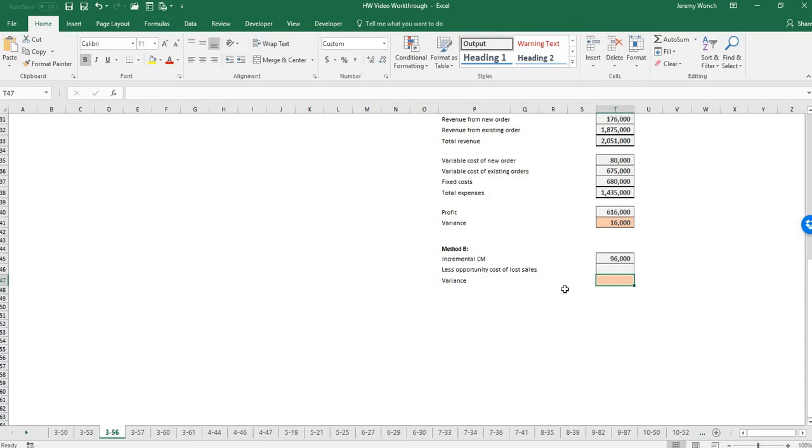So that's our incremental contribution margin, and we're going to subtract out the opportunity cost of those lost sales, where before we could sell 80,000 to the existing customers, now we're only selling 75. So that's 5,000 units that we're not going to sell. Multiply that times our selling price to those regular customers minus our variable cost to those regular customers.